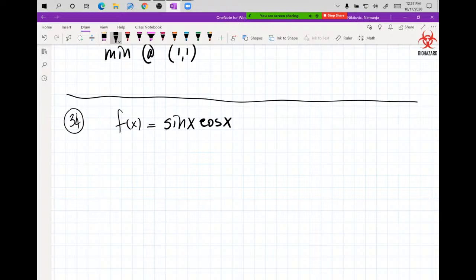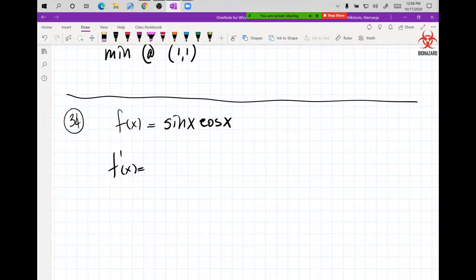Now, what's the derivative of this? What rule am I using? There's a product. Beautiful. And that's going to give us some kind of mess on the other end, right?